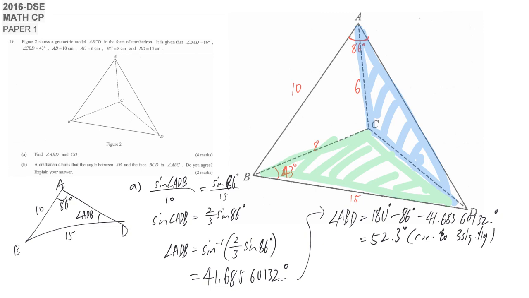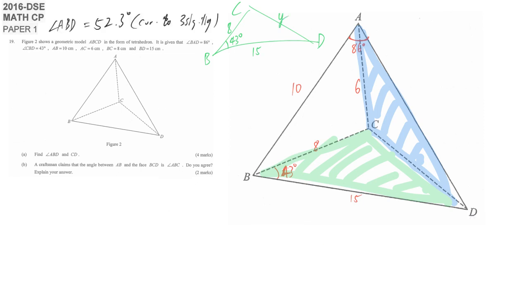To draw the plane, we have triangle BCD. From the top view, this one is 43 degrees. This is 8, this is 15. Our target is CD. You may let it be X or Y. By this triangle, we have 2 sides and 1 angle, so we should use the cosine formula so that we can put everything inside the formula.